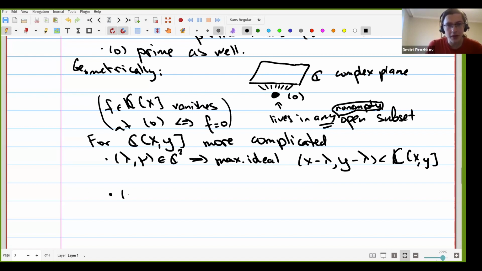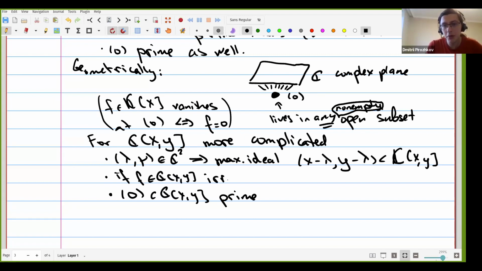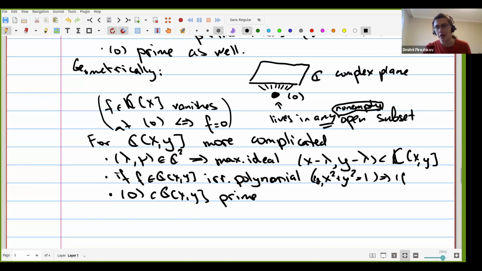Well, we also still have the zero ideal, which is also prime. But also, if f is some irreducible polynomial, for example, the polynomial that I started the talk with, x squared plus y squared minus 1, then (f) is also a prime ideal.